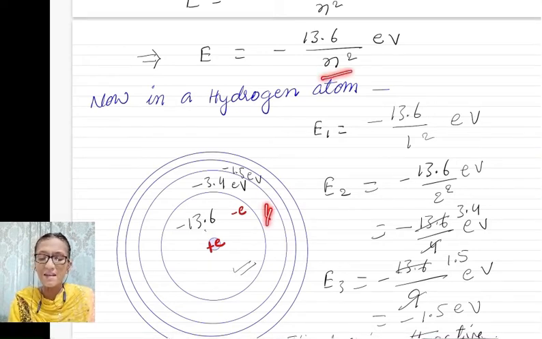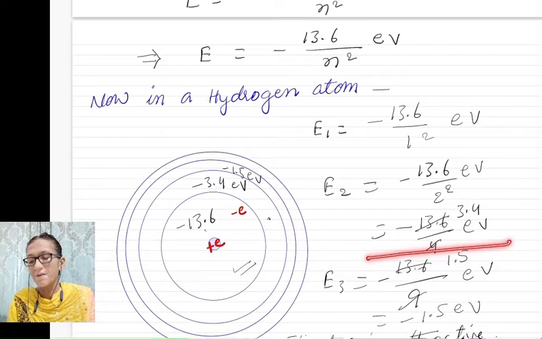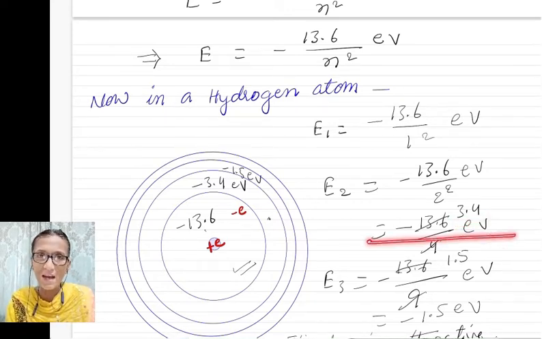For second cell, if you put n equal to 2, E2, the energy of the electron in second cell, will become equal to minus 3.4 electron volt. Here energy is increased because with a minus sign, if the numerical value reduces, it means the value has increased.